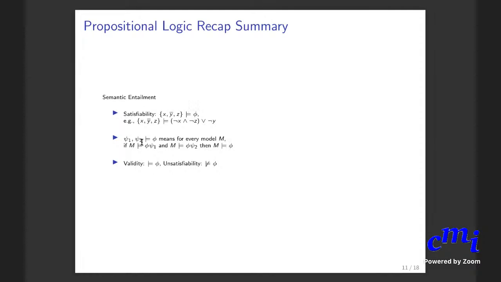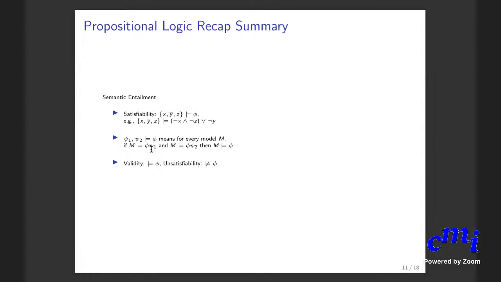Okay, so this semantic entailment operator, where I introduced it for a particular model, can also be extended to a set of formulas in the precondition, that is, before the turnstile. What this means is that a bunch of formulas, psi1, psi2 in this case as an example, semantically entails phi, which means for every model M, that is for every value assignment for the variables, if, oh, I'm sorry, there is a mistake here.